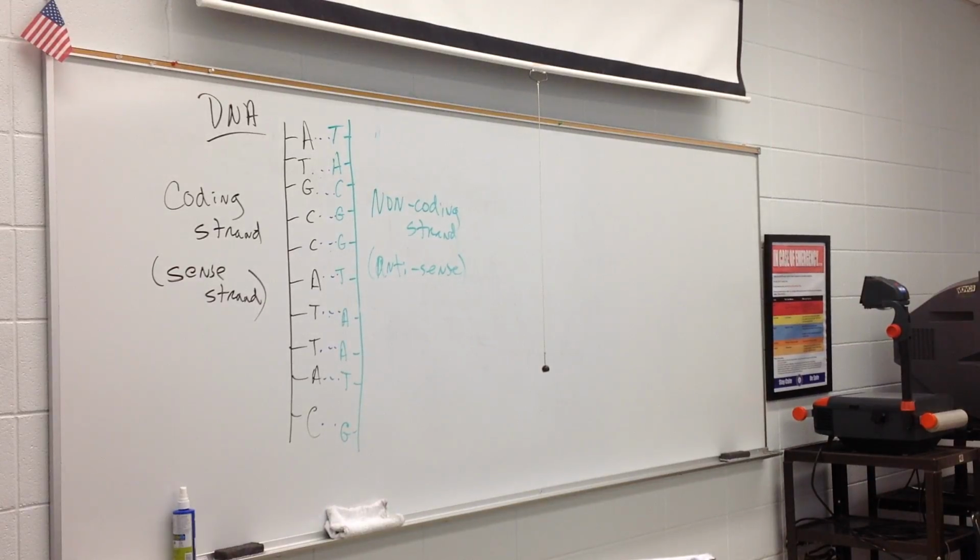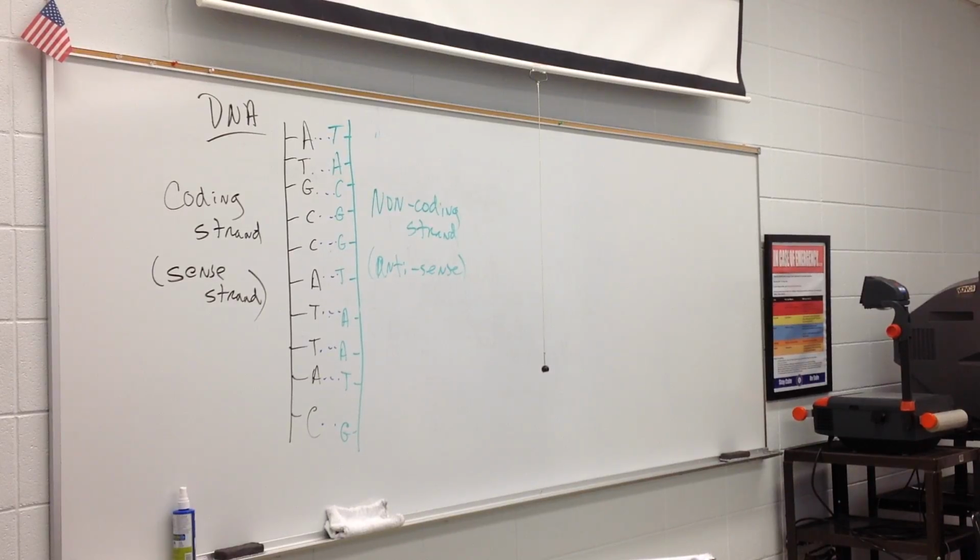Non-coding, what good is it? Why do we need it? When would you use it? Well, it was used when we replicated DNA, wasn't it? Because remember, if we wanted to replicate that molecule of DNA, what would you do?